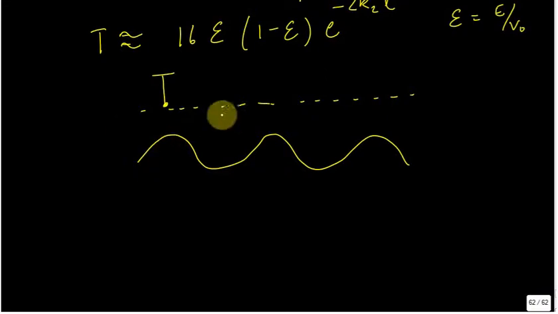Now all I have to do is maintain a constant height, and the current that I'll observe would depend on this distance, right? If it is a small distance, it's a small width of the barrier. If it's a large distance, it's a large width of this barrier. Okay, this is a barrier.